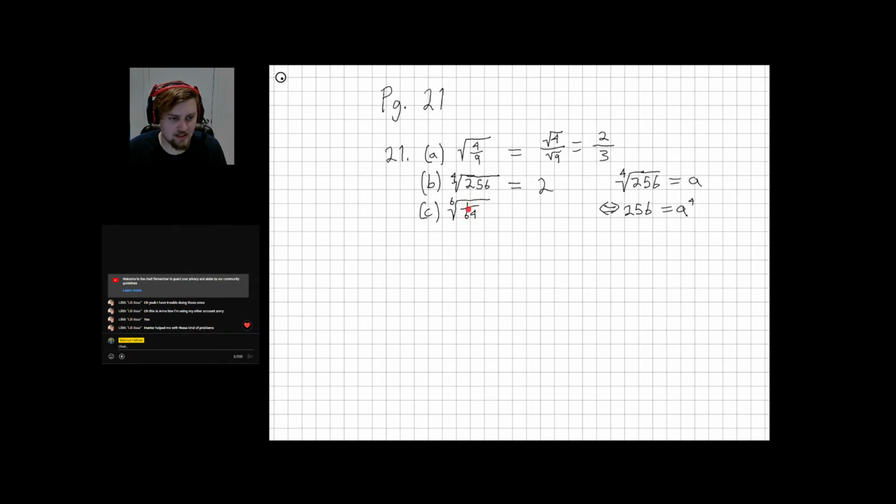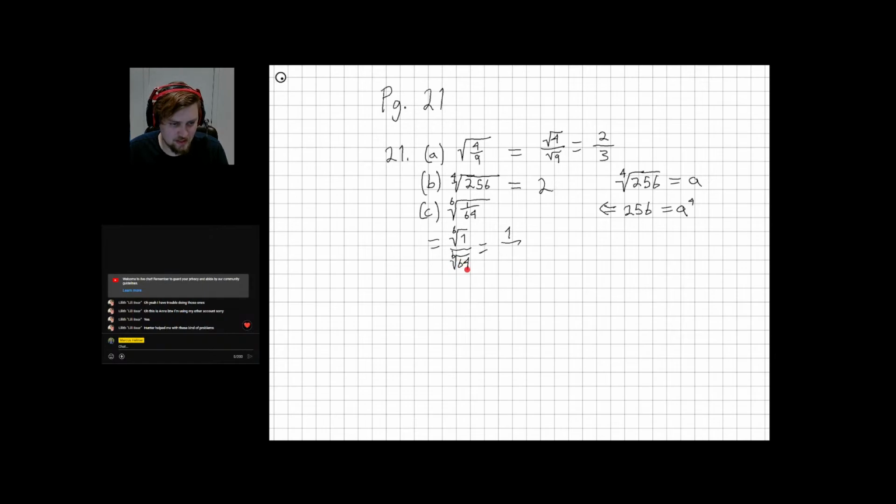Okay, what about the sixth root? Remember that this is going to distribute again, so I'm going to get the sixth root of 1 and the sixth root of 64. Usually we like whole numbers. If I take 1 to the 6th power, I just get 1, so I know what the top is.